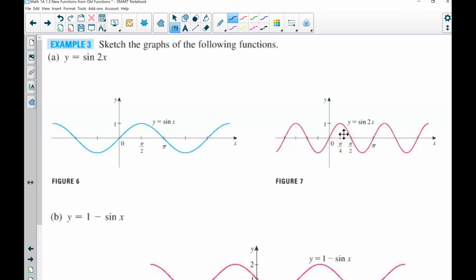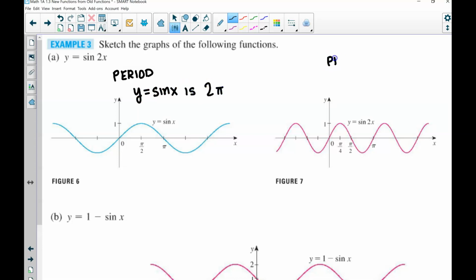Thus, whereas the period of y equals the sine of x is 2 pi, the period of y equals the sine of 2x is 2 pi over 2, which would be pi. So again, let me write that out here. The period for this function, y is equal to sine of x, is 2 pi.